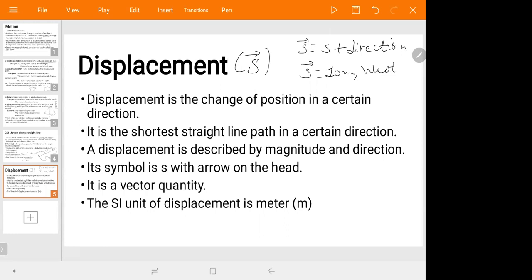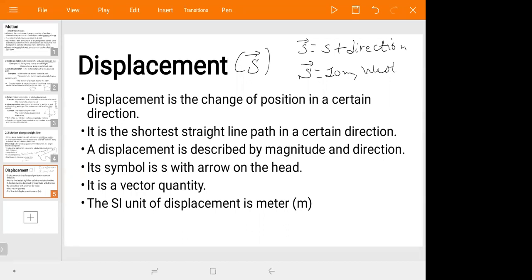It is the change of position in a certain direction, the shortest path in a straight line with a certain direction.